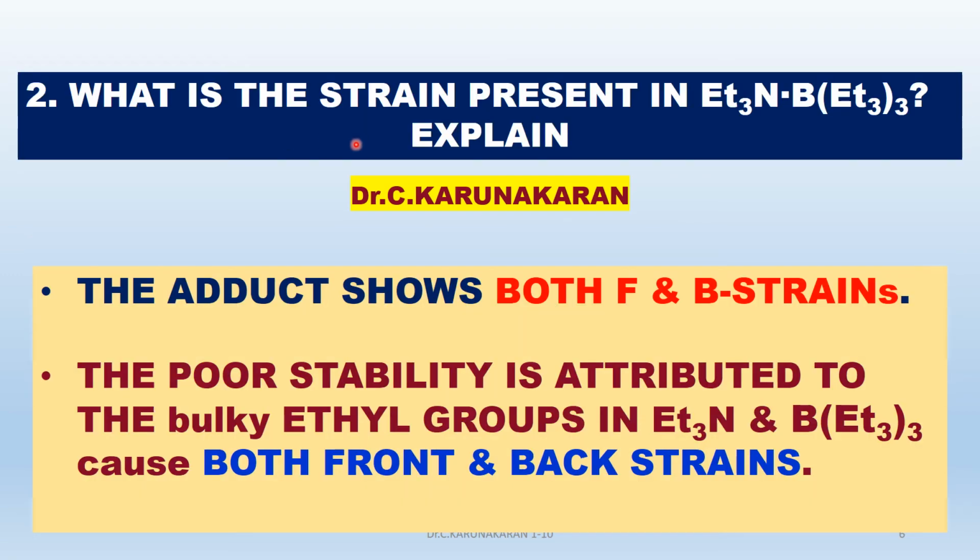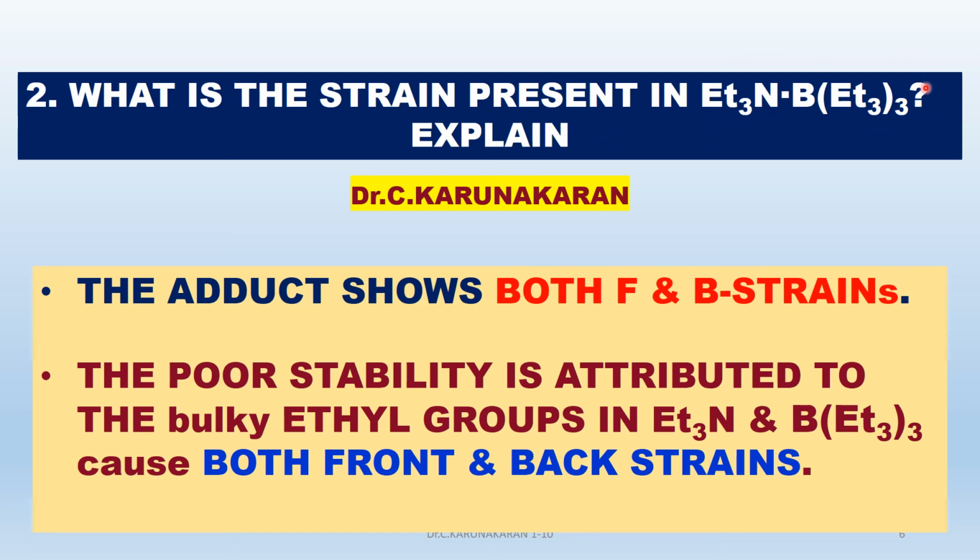Now what is the strain present in the adduct of triethylamine and triethylborane? See here, bulky substituents are present in both Lewis acid and Lewis base. When they approach each other, there will be front strain, and once they form the adduct, they are folded back behind the acceptor or donor atoms, as I said earlier.